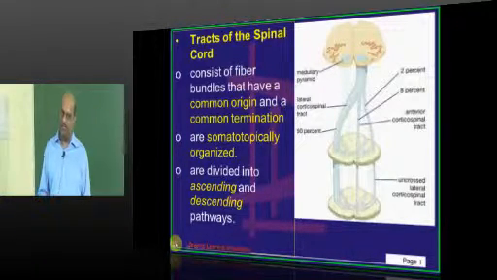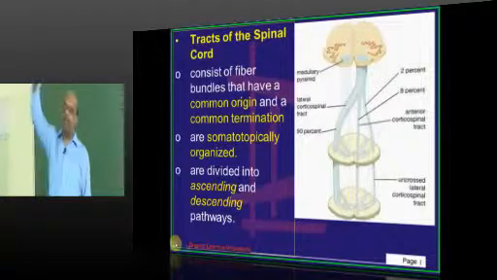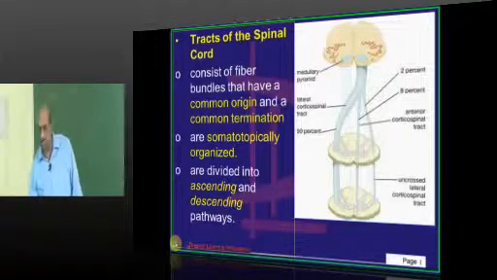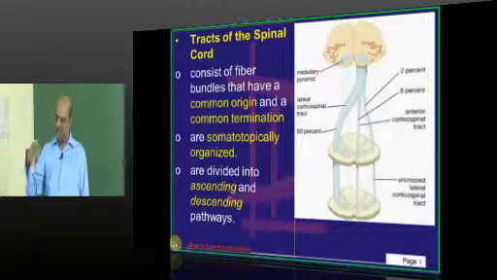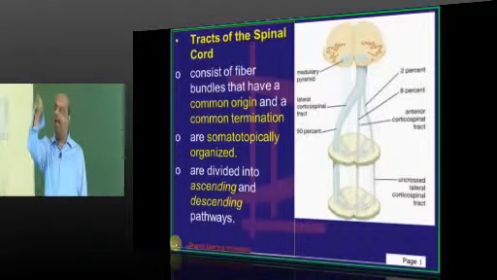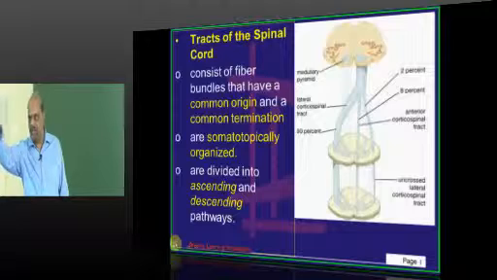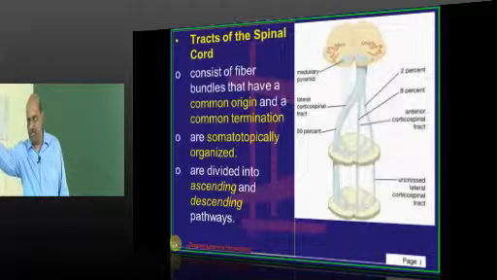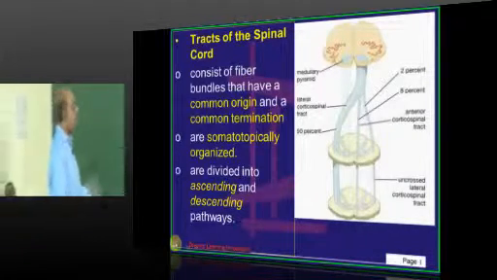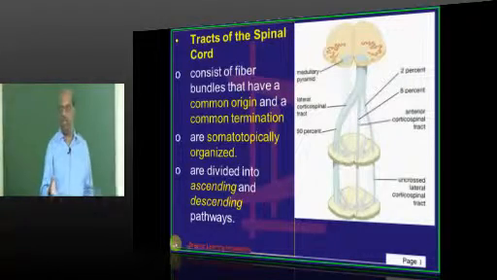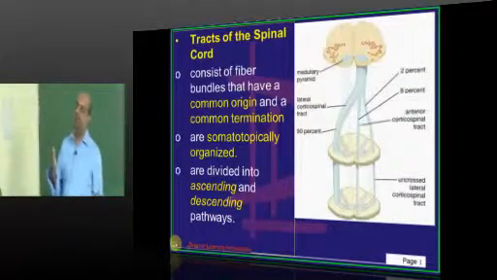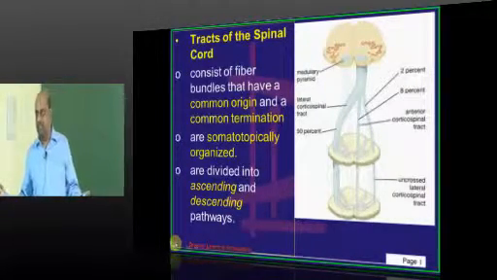It has first order neurons, and ultimately it needs to end up, whether it comes from sacrum or lumbar or cervical, any area, in the nucleus cuneatus or nucleus gracilis in the medulla. So common origin, common termination makes all of these a common tract, right?